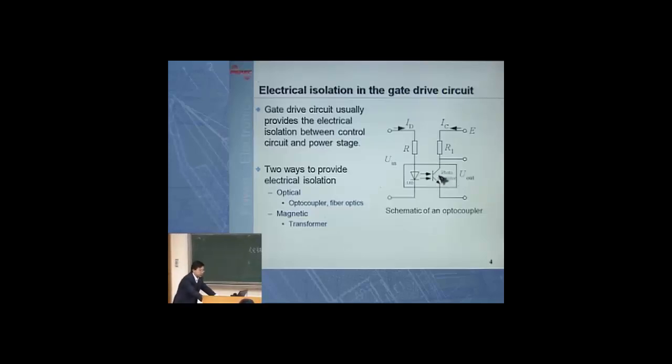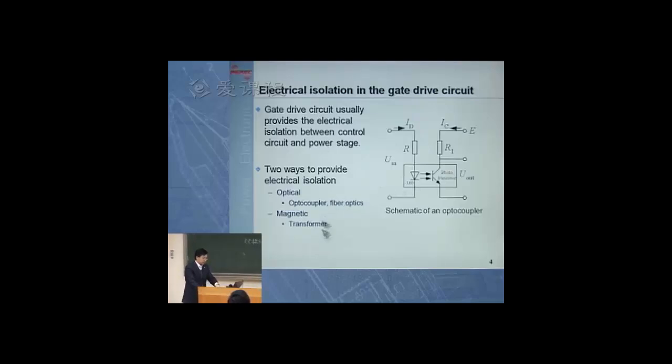Originally there's no current flowing through, and therefore the voltage between this point and this point will be high level. When you have base current flowing, the voltage between these two terminals will drop to low level. So that is the way to generate control signals, or transfer control signals, through the optocoupler.